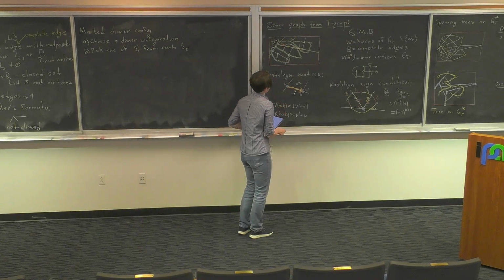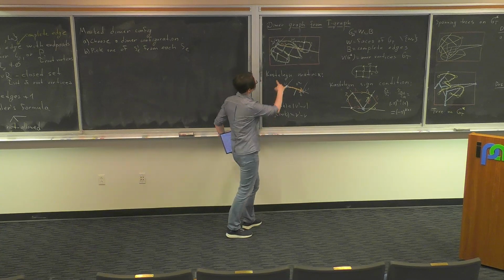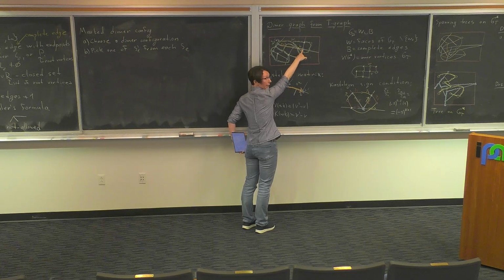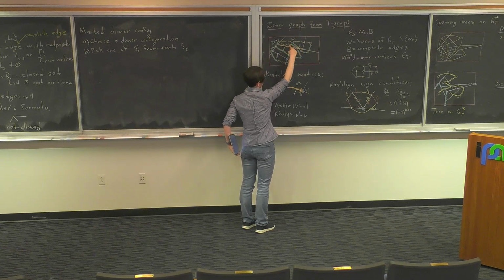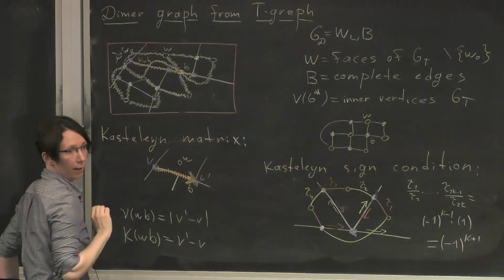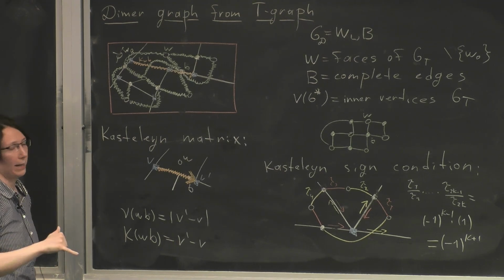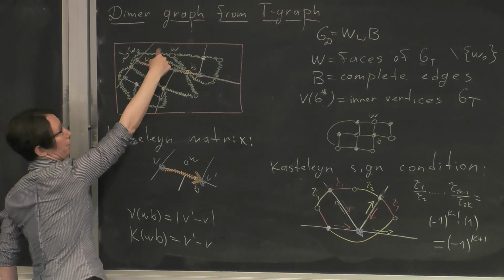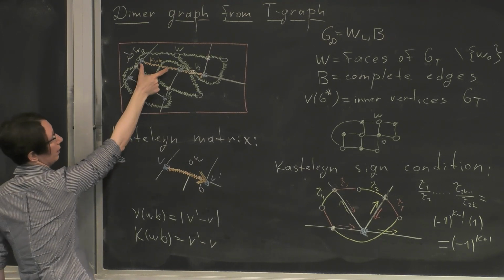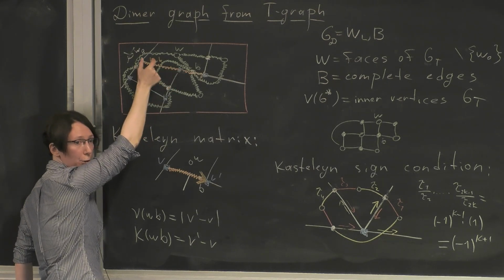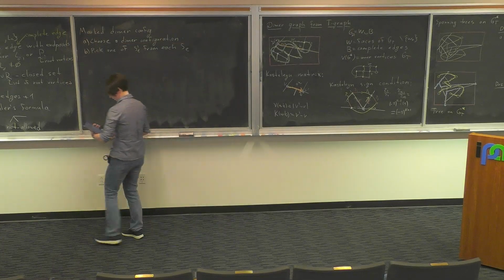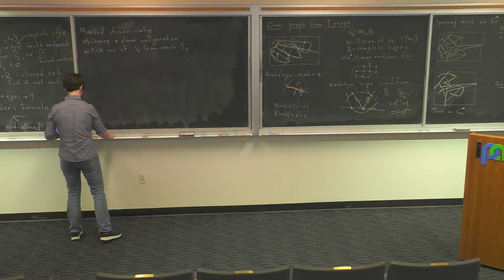So recall that here, what was the weight? The weight was the piece of the complete edge which corresponds to the whole side. However, some of those pieces are divided by vertices of the T graph into smaller pieces. And instead of taking the whole side of the face, we're going to choose one of the single pieces. So we have all these pieces which are a part of this side, and choose one of them, just part of it. Okay? So let me draw a picture.